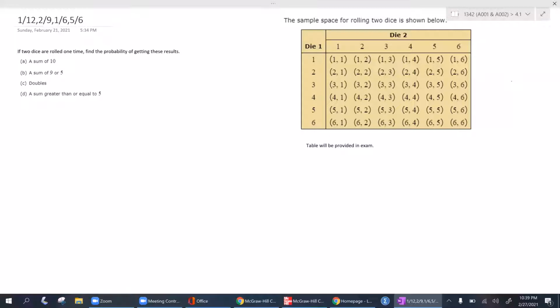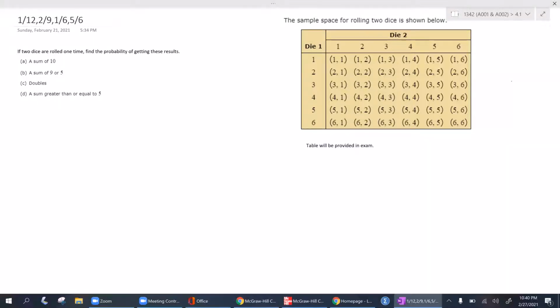So I want to know, if 2 dice are rolled one time each, find the probability of getting a sum of 10.